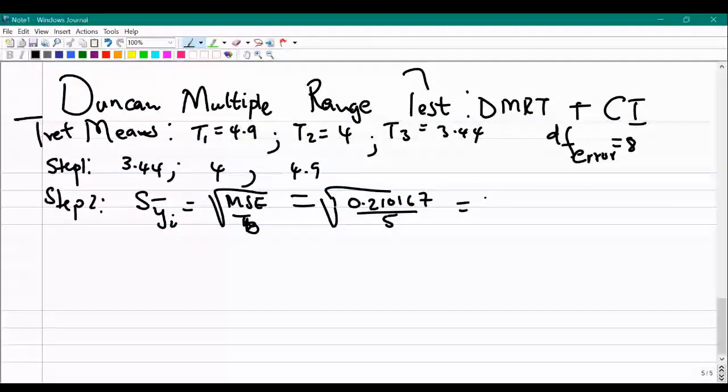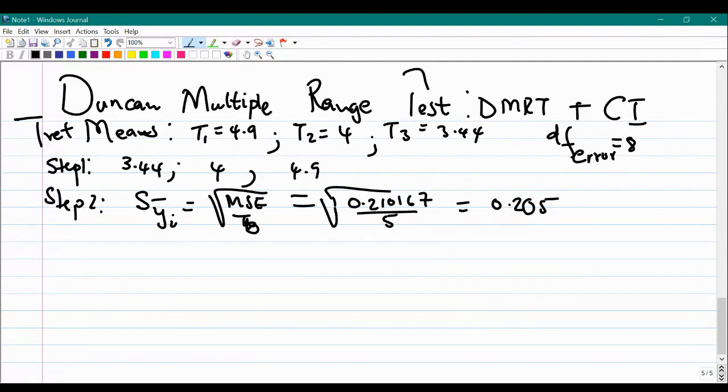When we divide this by b, what are you getting? 0.205. Yes, sir.